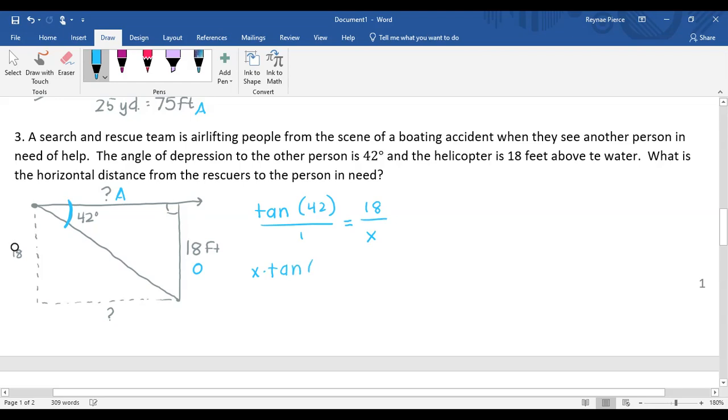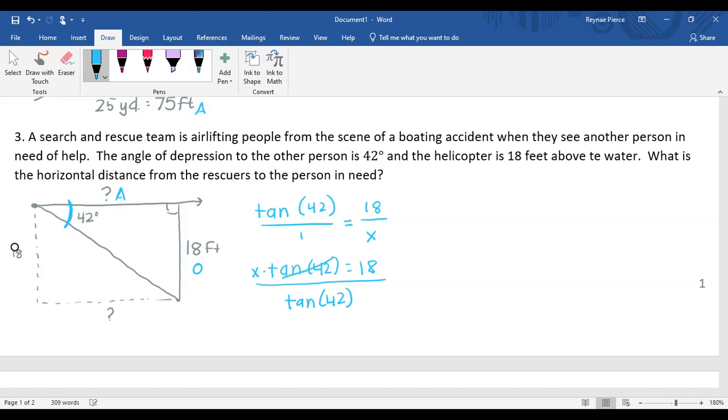X times the tangent of 42 is 18. And we're going to divide both sides by the tangent of 42. And 18 divided by tangent of 42 gets me about 20 feet.